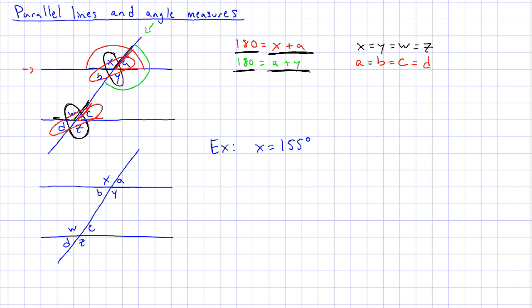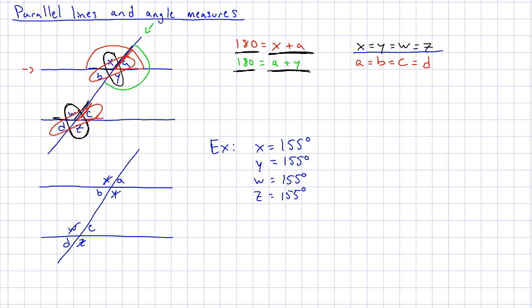Well, as I say, there's really only two values. So X, Y, W, and Z are all the same thing. So Y equals 155 degrees, W equals 155 degrees, and Z equals 155 degrees. I have now accounted for 4 out of my 8 angles.